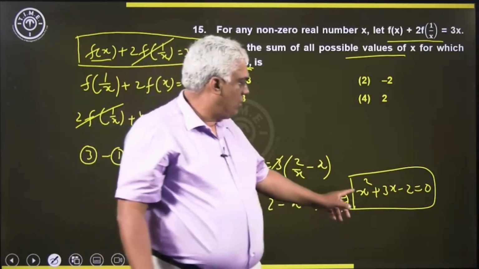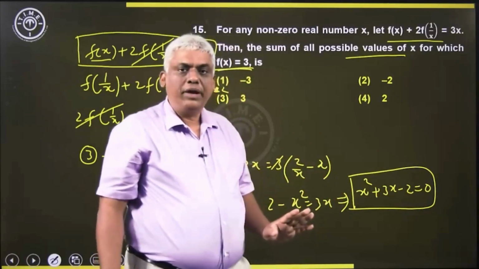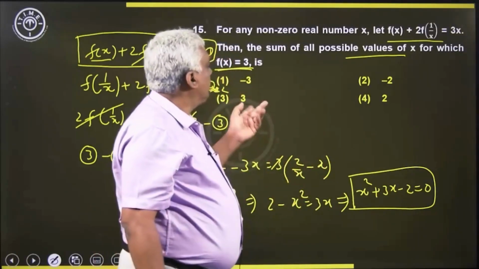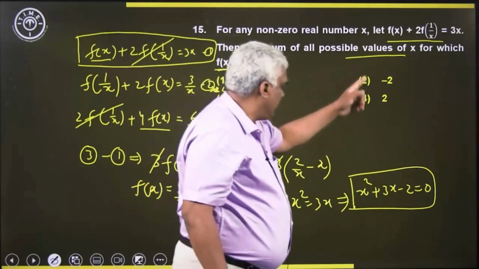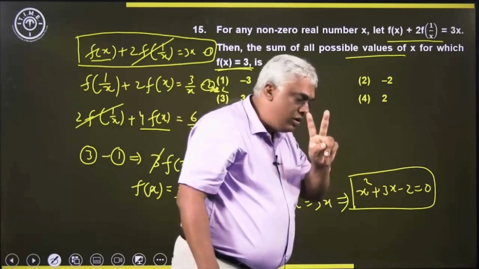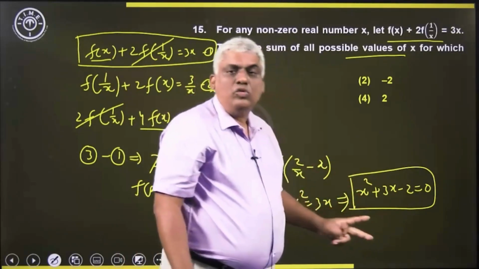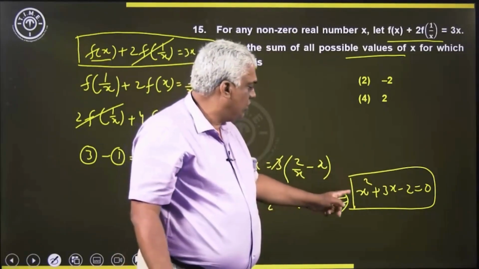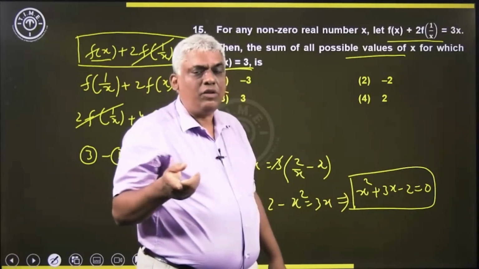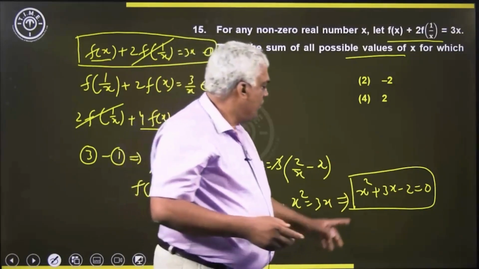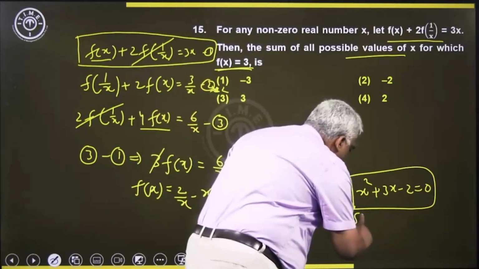So, the roots of this equation will be real numbers. Those 2 values satisfy this equation, so they are the roots of this equation, and they are asking the sum of those 2 values, which means the sum of roots.